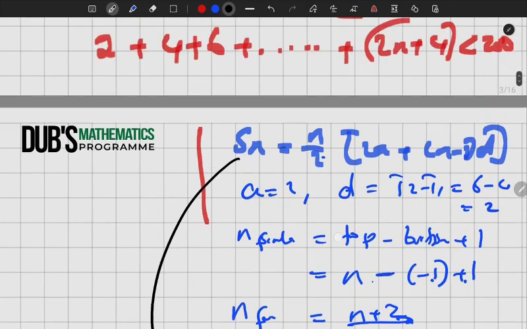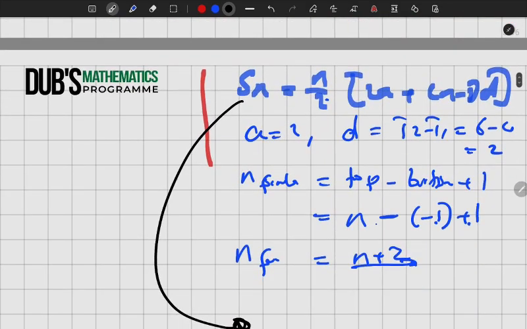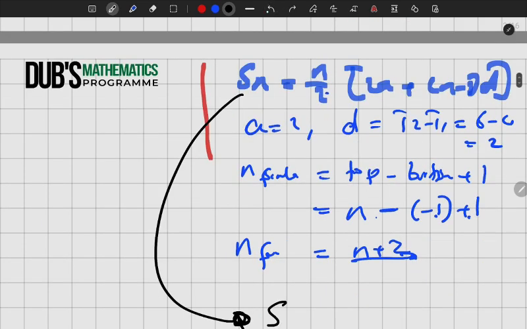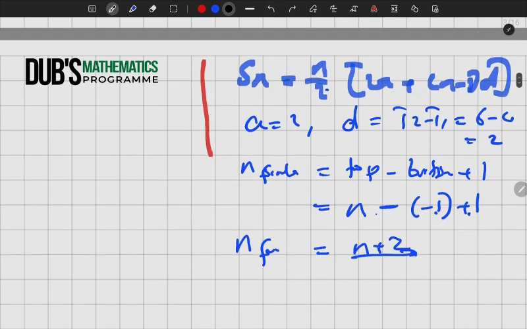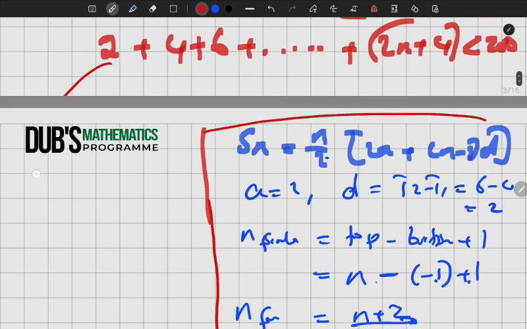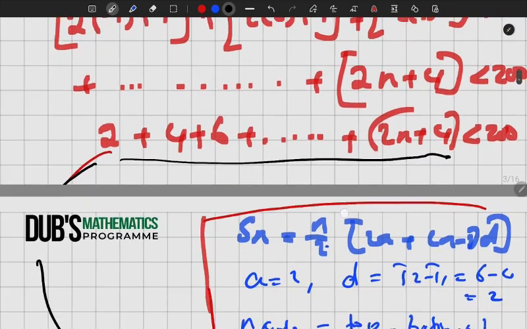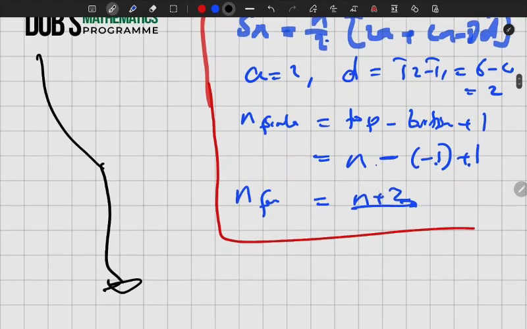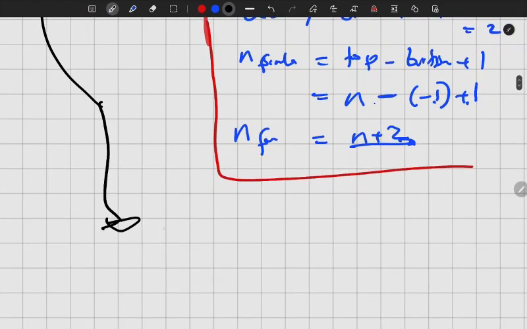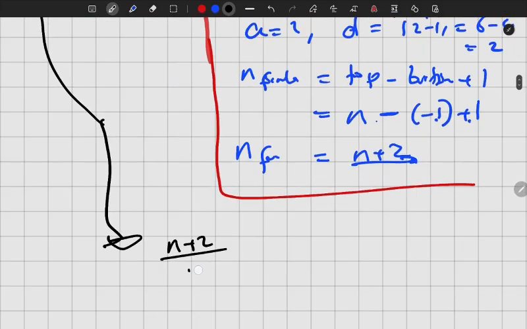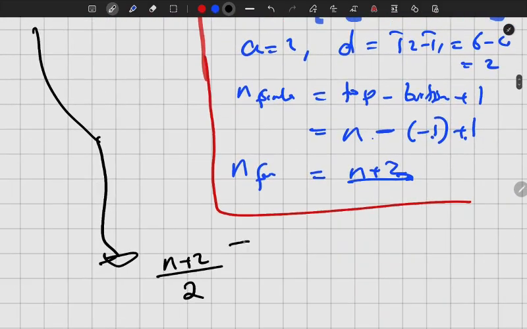So we now know this, so we can now go back and substitute on our left hand side. This was just our calculation, or reminding ourselves what we need to use this formula. So we now know that the left hand side is just going to be the arithmetic series formula, where you substitute n being n plus 2, over 2, and you've got the square bracket.